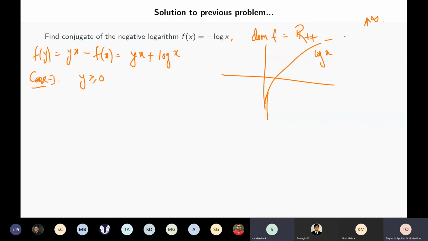It can't be bounded, it will go on increasing. Why? Because log x is positive and yx is also positive. The lower domain is fixed, but the higher limit can range to infinity. Yeah, but positive doesn't mean it will be unbounded, right? It will be bounded only on one side. But x can reach infinity. Yeah, but what is the rigorous argument here that f star of y will keep increasing if y is greater than or equal to 0?